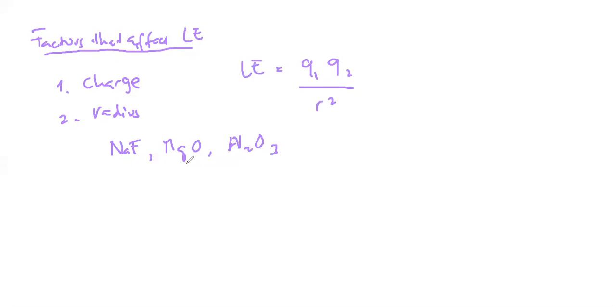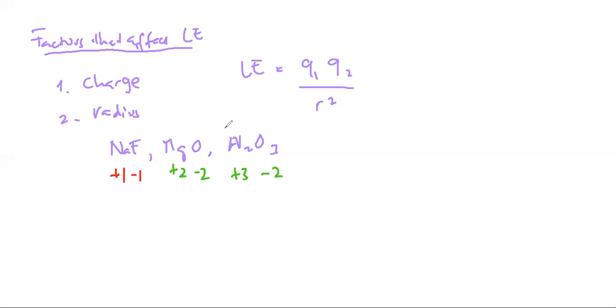First you need to check the charge. Na is located in group 1, so it has a +1 charge. F is -1, while Mg is in group 2, so it has +2, while oxygen is -2. Al is +3 because it is in group 3, and oxygen is -2 because it is in group 6.